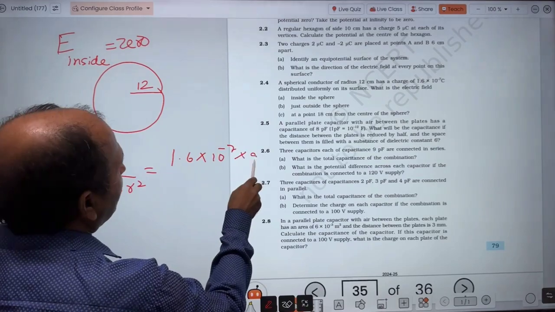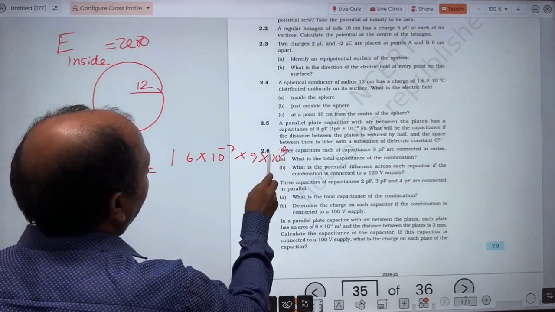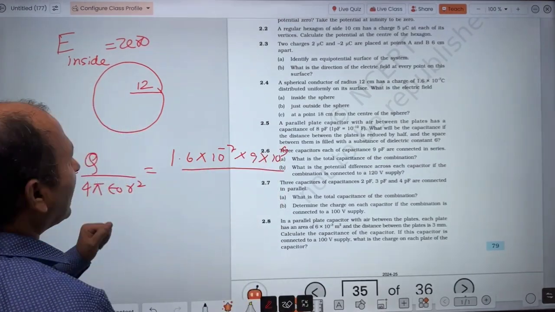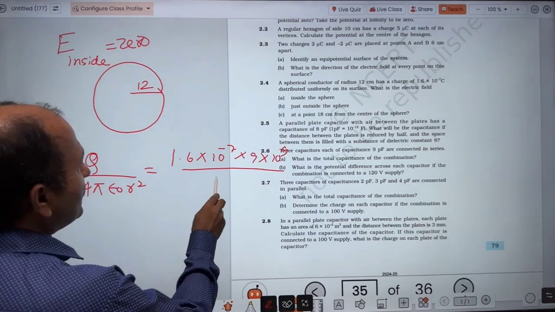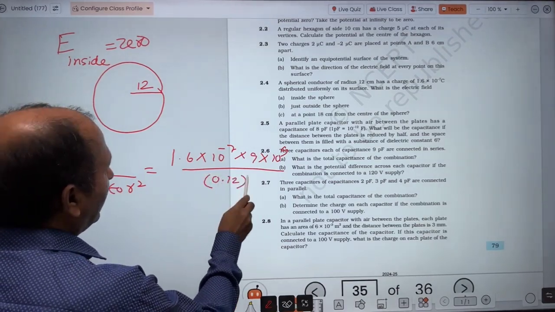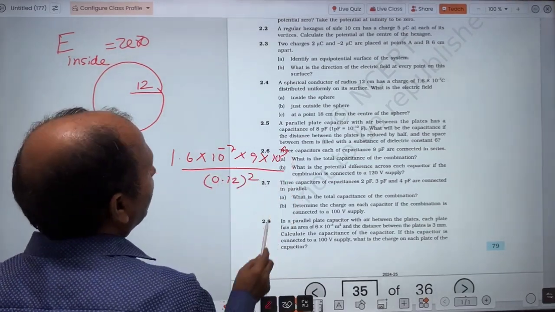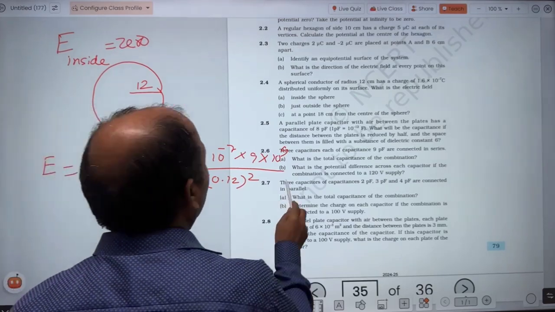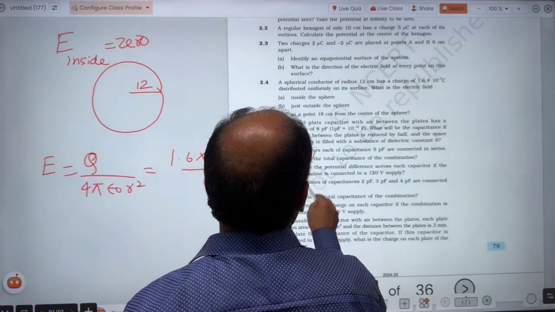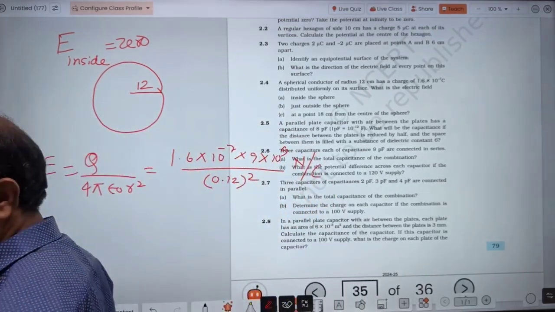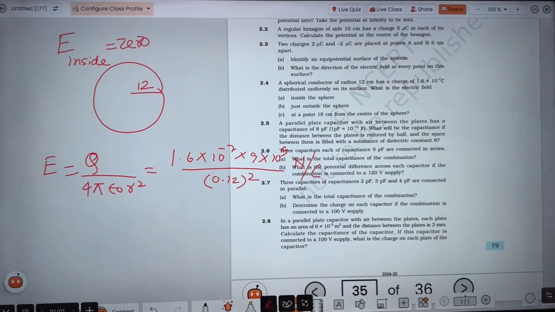Now, what about the third part? Add a point 18 centimeter from the center of the sphere. Now this point lies here. So nothing will change. Charge will remain the same. Only separation will change. So this time suppose E outside, you write it. Previously it was 0.12.